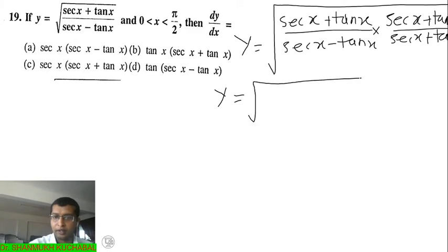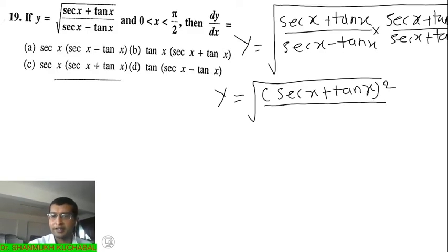y equal to under the square root of sec x plus tan x into sec x plus tan x, that is sec x plus tan x whole square in the numerator. Further, the denominator is of the form a minus b into a plus b, which is a square minus b square, so it is sec square x minus tan square x.